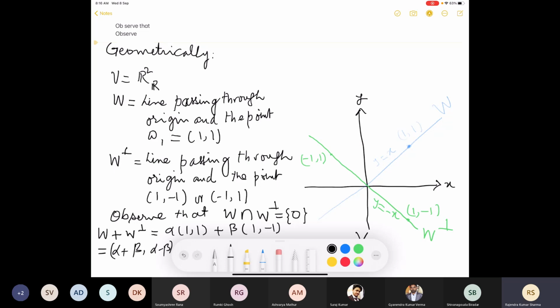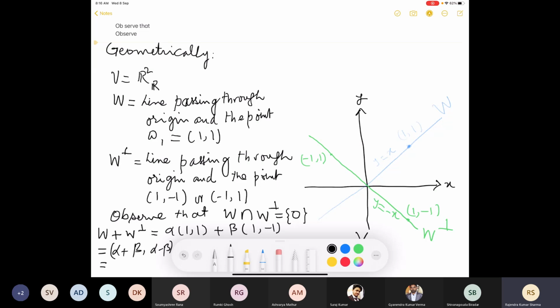And likewise, when alpha is equal to minus beta, that will fall on the orthogonal case. So you can put this as gamma, this as delta. And in case both of them are equal, they will force this to be 0, 0, that is the origin.